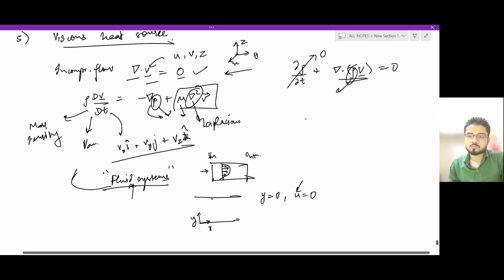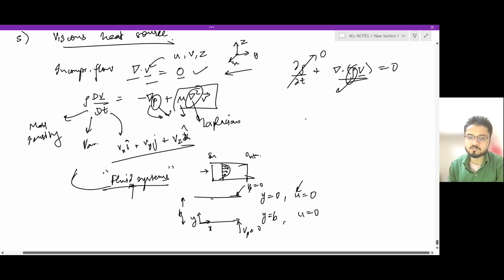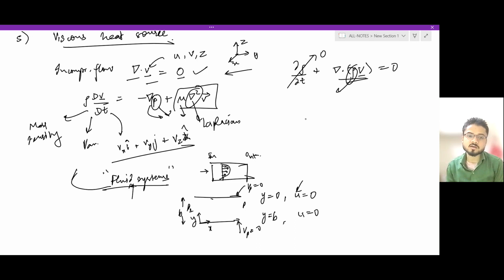And at y equals, let's call this distance b, u is again 0, which is the no-slip boundary condition, assuming that both of these plates are at rest, and the flow is basically pressure driven. That is, P1 is greater than P2, and the fluid flows from the left side to the right side.